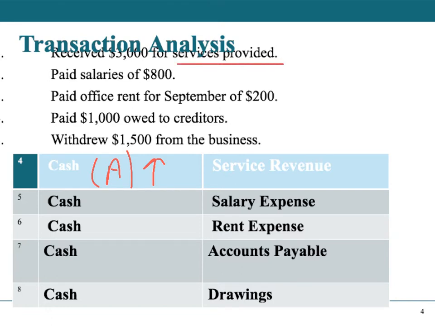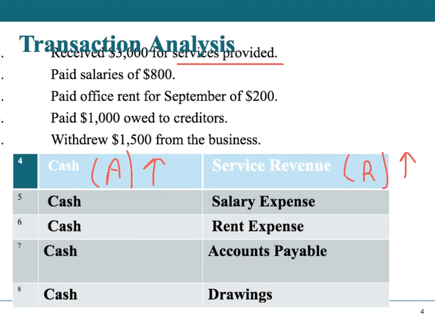If you remember, when we provide services or sell goods, that's a gross increase in owner's equity. So as a result, your service revenue, and I'm going to put R for revenue as opposed to just owner's equity, I want to be as specific as possible, went up as well. This approach is slightly different from the book, but I find it easier for the students then to convert what we're doing into debits and credits in chapter 2, so please stick with me.